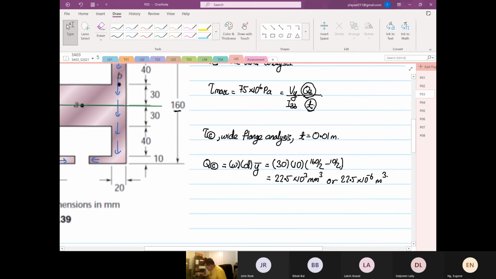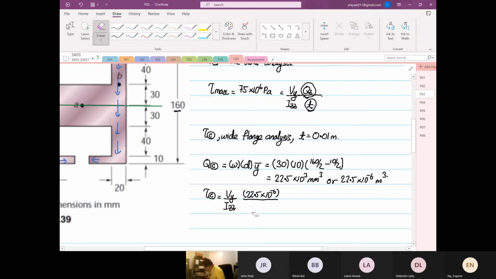So we can calculate, not the shear stress, the ratio of Qz over T at point C. So we have Vy over Izz, Qz is 22.5 times 10 to the power minus 6 divided by the thickness, which is 0.01.